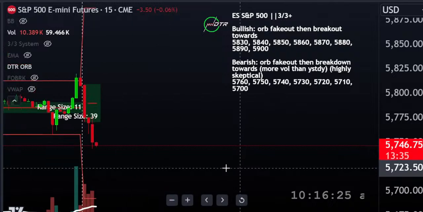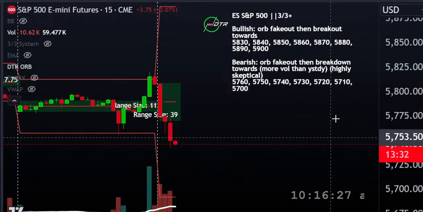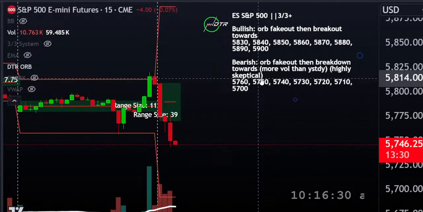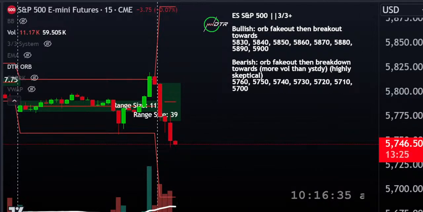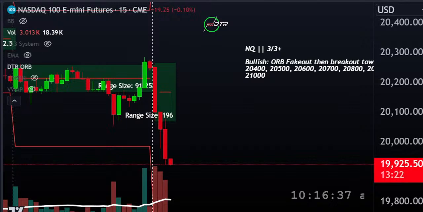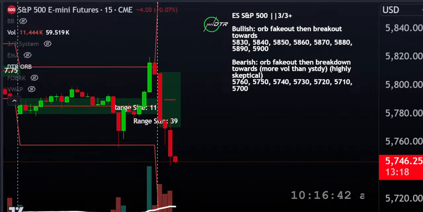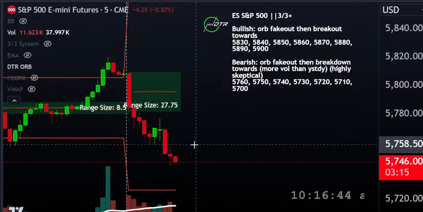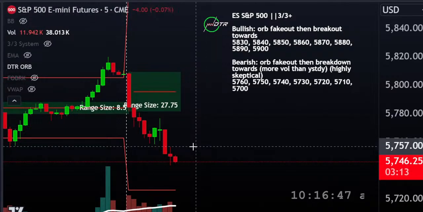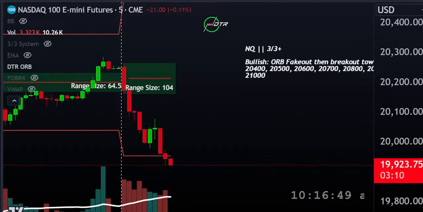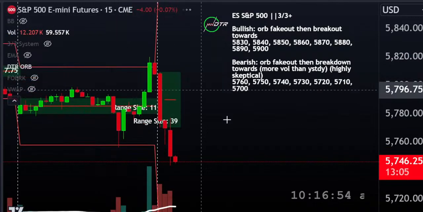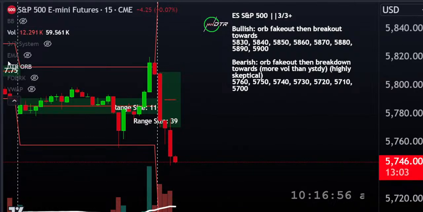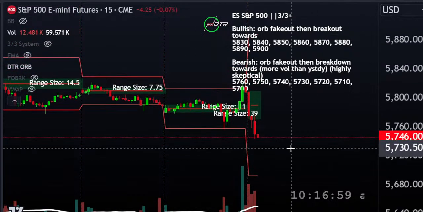I don't know if I have the courage for a third shot here to the downside on the 15. How big of a stop would that have to be?